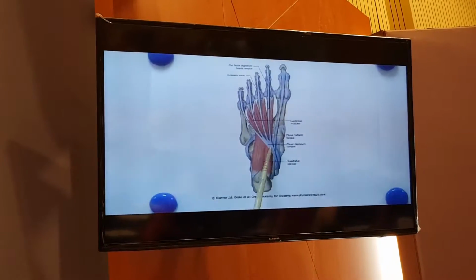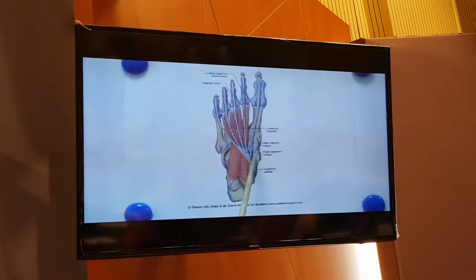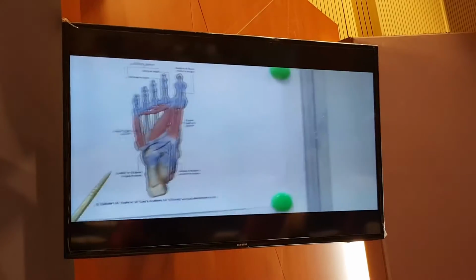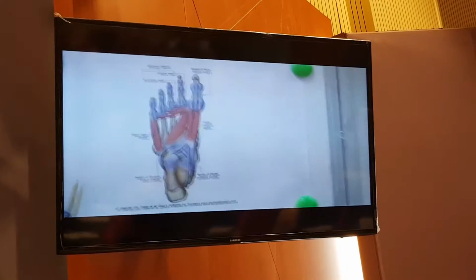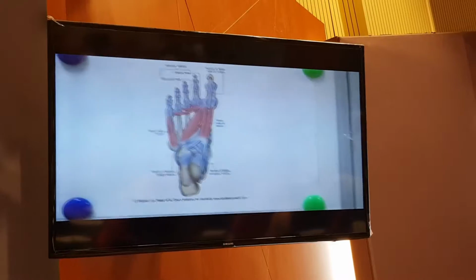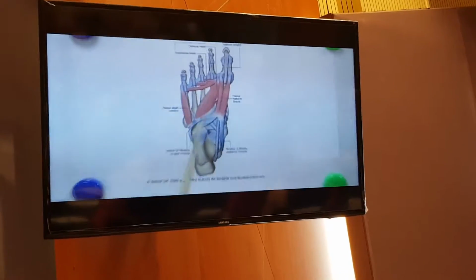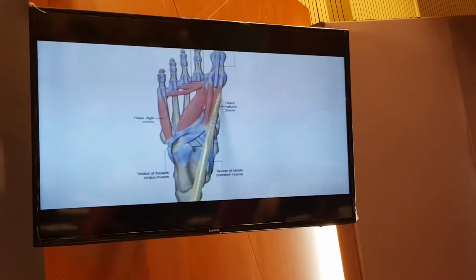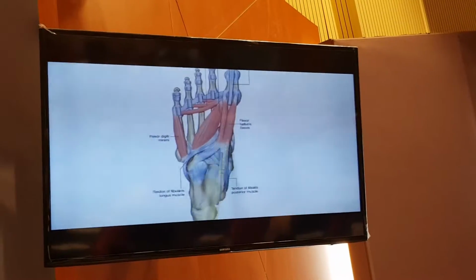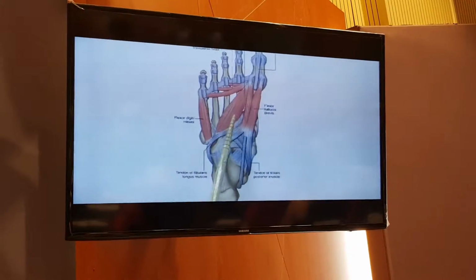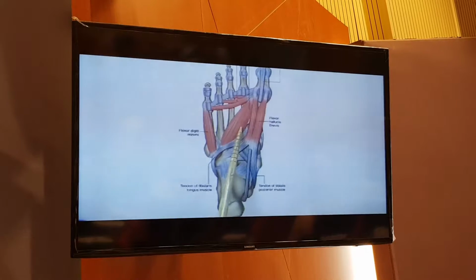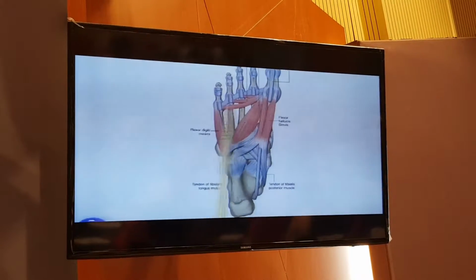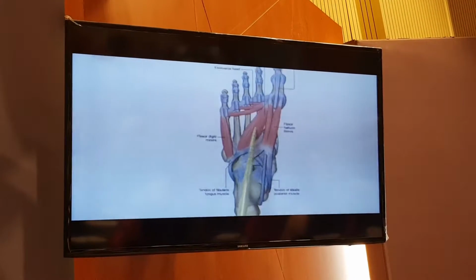Then go deep to this layer, and the third layer of muscle is here. If you see very carefully here, this is flexor hallucis brevis. This is the adductor hallucis muscle, which has a transverse head and an oblique head.